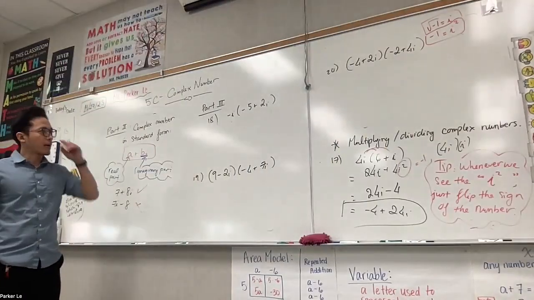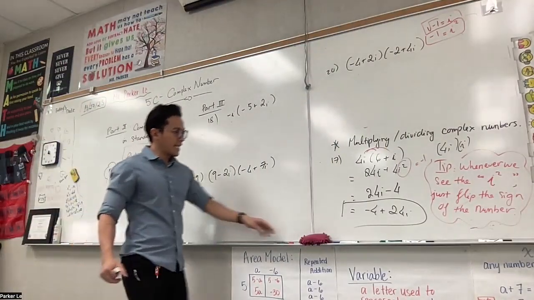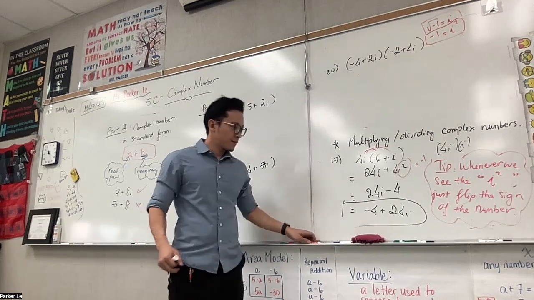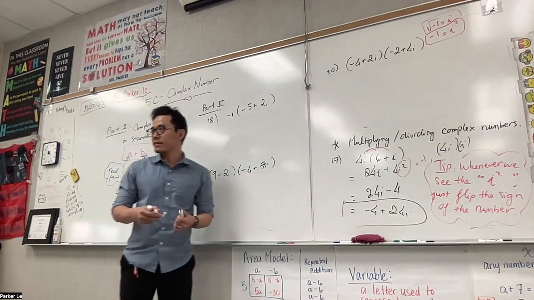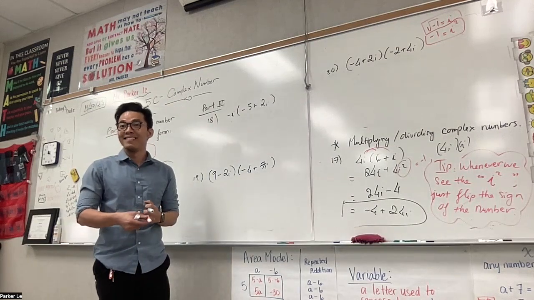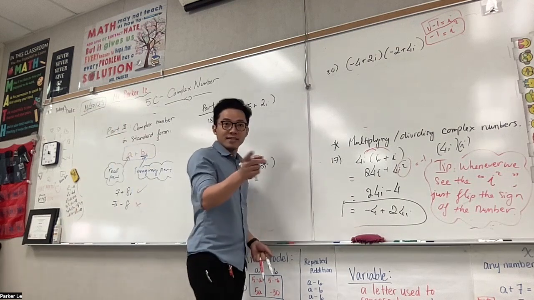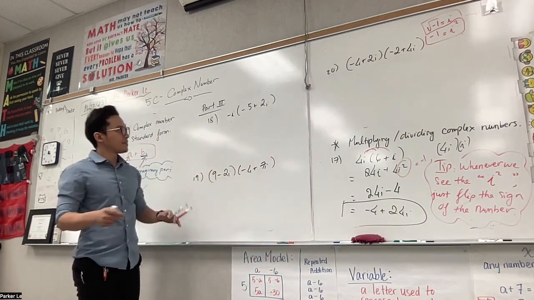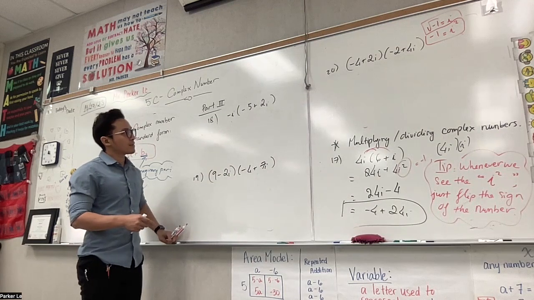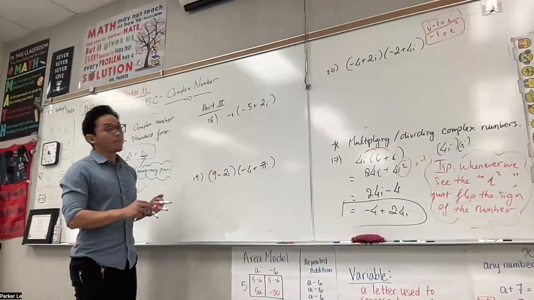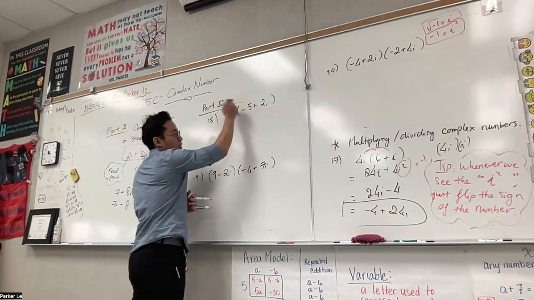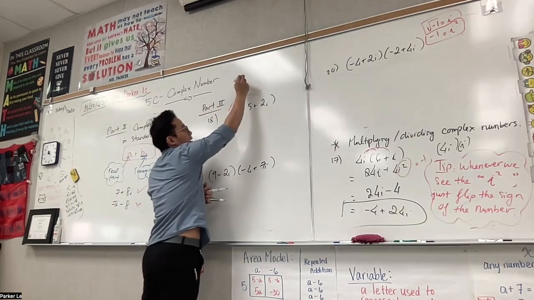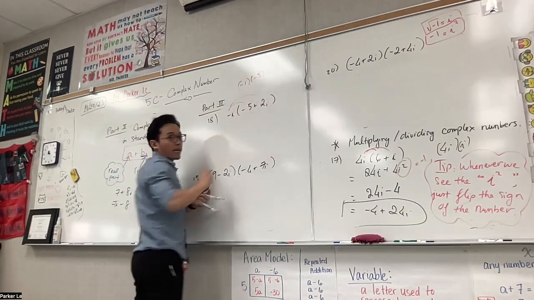Last three, then we're done. Okay, let's do number 18. All right, very good. So distribute this, right? And negative i times negative i, negative times negative is positive.